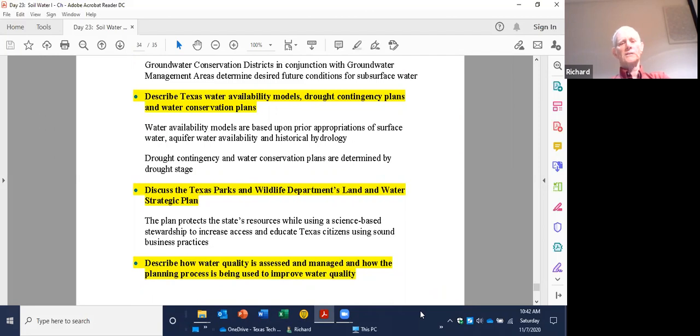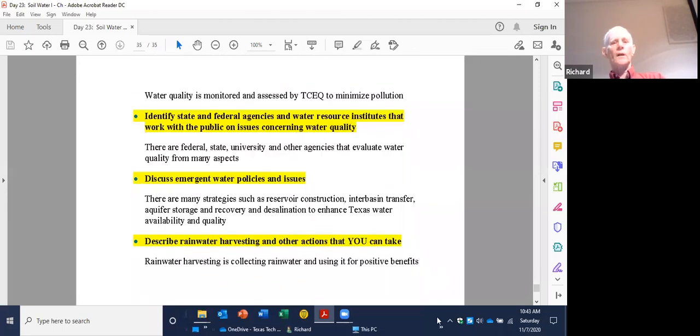Describe how water quality is assessed and managed and how the planning process is being used to improve water quality. Water quality is monitored and assessed by TCEQ to minimize pollution. Identify state and federal agencies and water resources institutes that work with the public on issues concerning water.